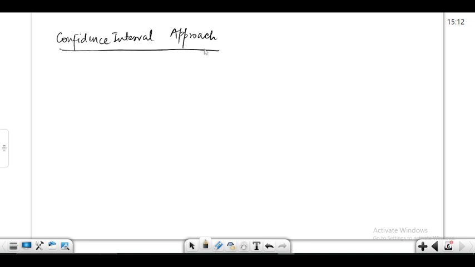Suppose you create a null hypothesis which says that the value of beta 2 is 0.5, and the alternative hypothesis says that no, the beta 2 value is not equal to 0.5. This not equal to corresponds to a two-tailed test.